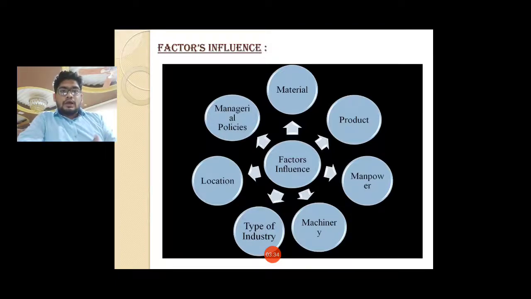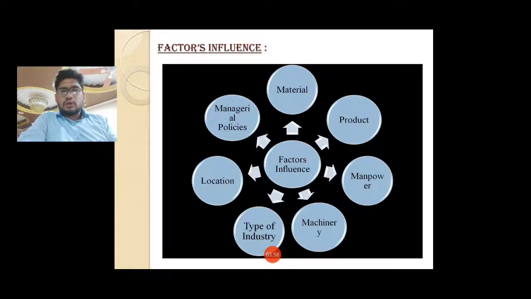Now, the location plays a very vital role in a factory layout, because generally we see that most of the production plants are set up in rural places, where laborers are available at affordable rates and minimal cost, where the electricity charges from the state governments are less as compared to other state governments.